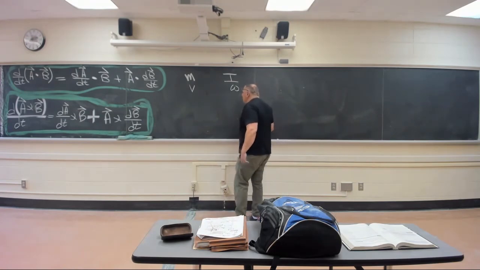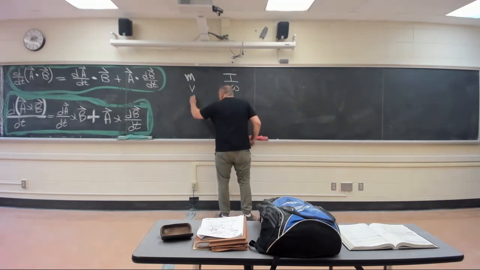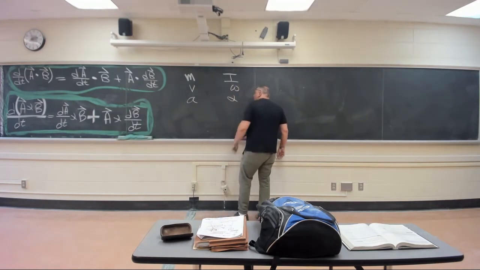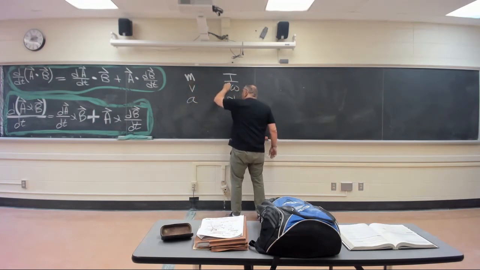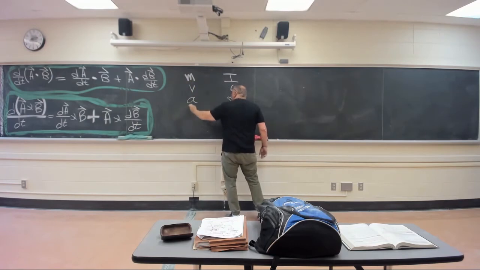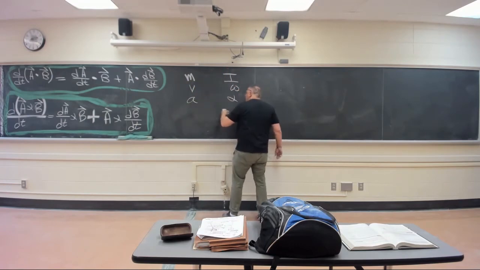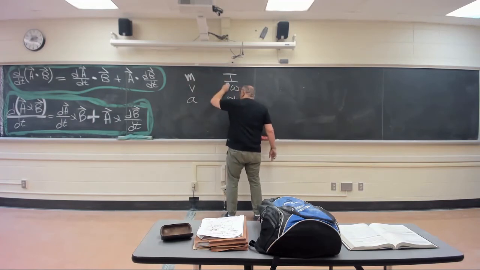So look at something like this. A is acceleration, alpha is angular acceleration. So this is mass, this is moment of inertia. Linear realm right here, angular realm right here. Mass is analogous to moment of inertia. Velocity is analogous to angular velocity. Acceleration is analogous to angular acceleration.